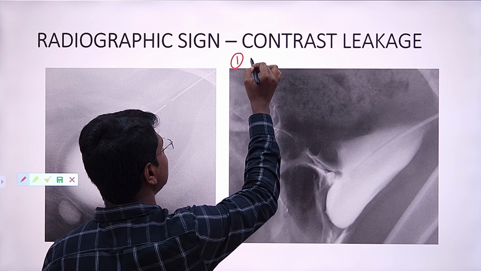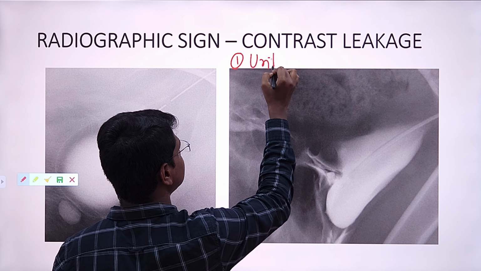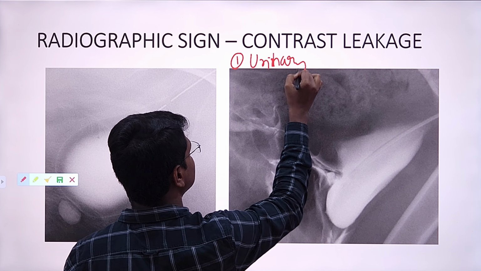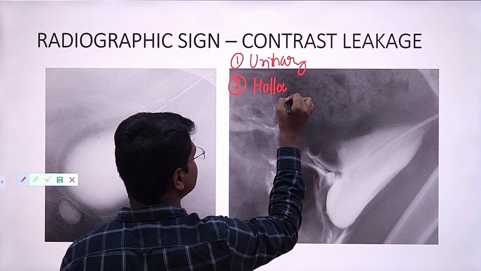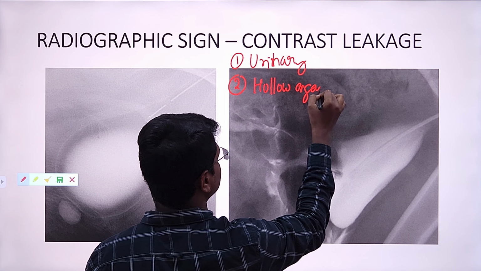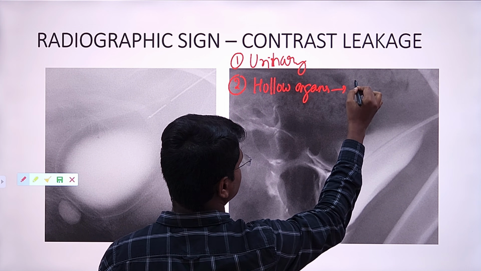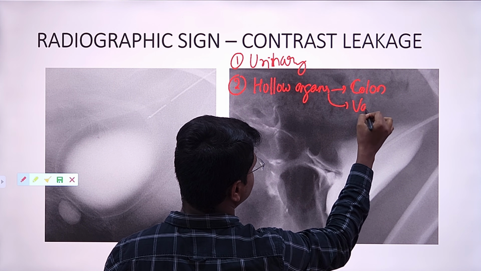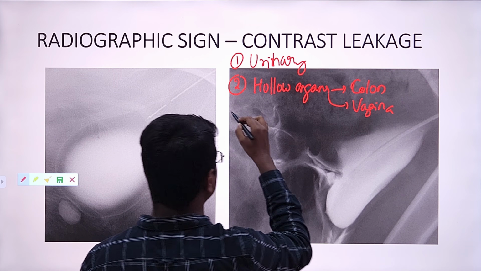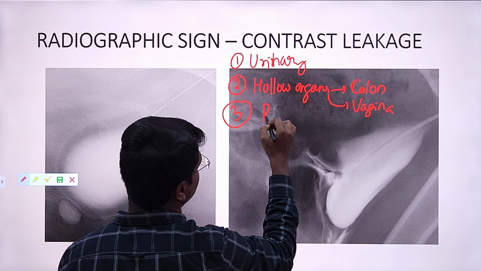First one is into the urinary tract. Second, it can go into nearby hollow organs through a fistula, like the colon or the vagina in case of females. Third, it can leak into the peritoneal space.